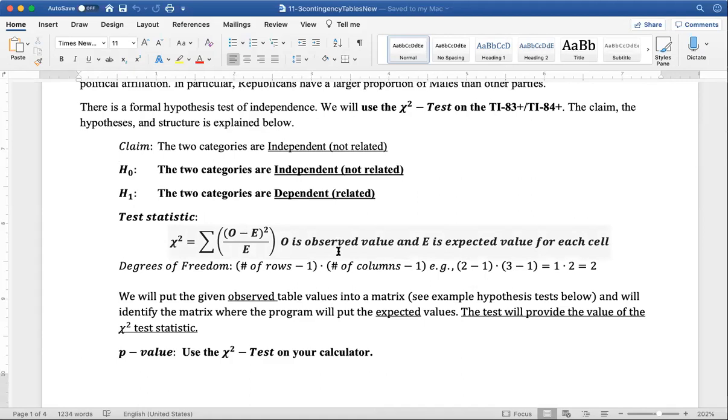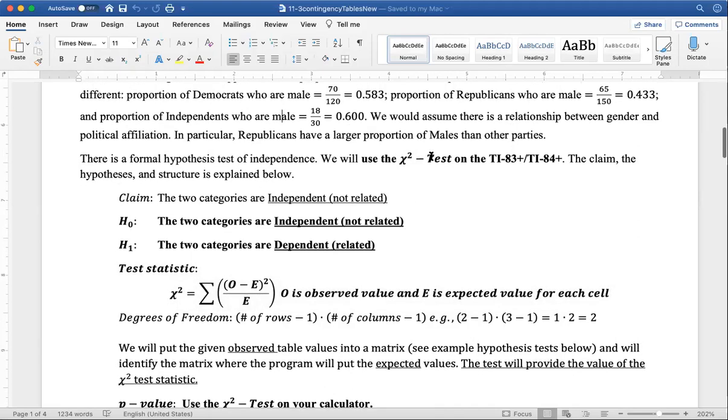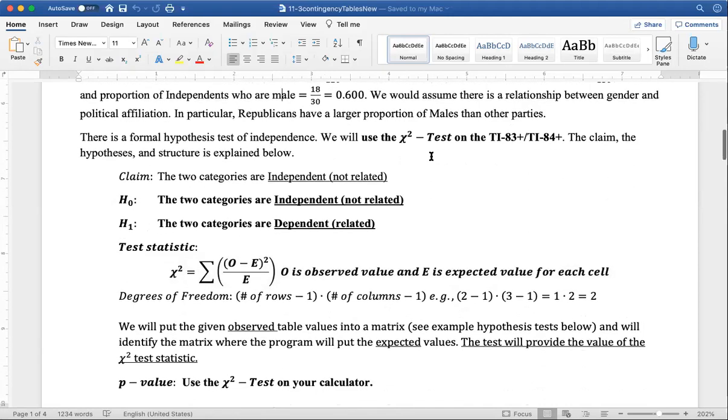Now, we're going to use, like I said, the chi-squared test on the calculator, and like all of the hypothesis tests that we do, it's going to give us a test statistic. It's going to give us the value of the chi-squared test statistic. And it's going to give us a p-value, which we will compare to the significance level alpha.